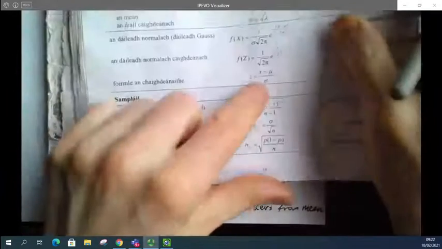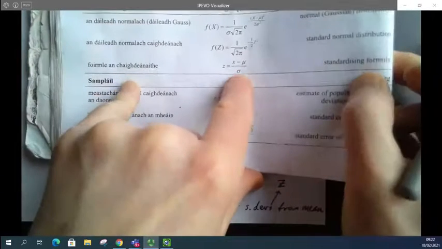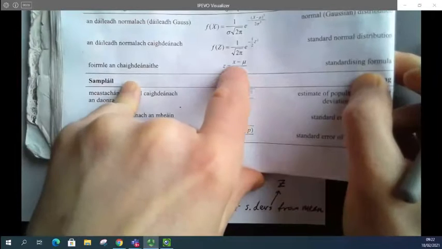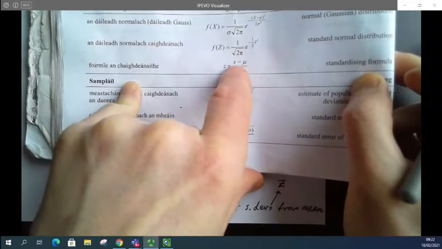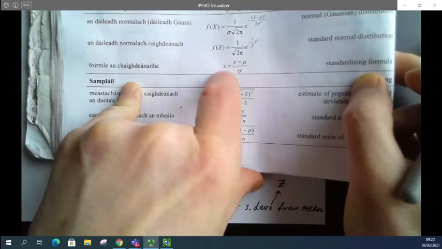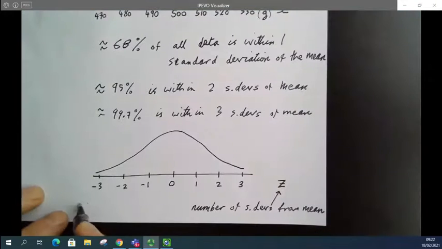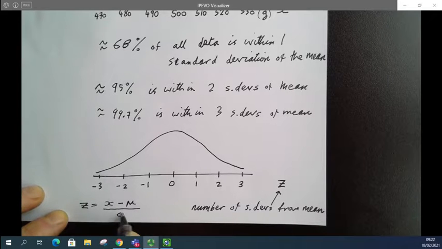The formula is on page 34 of your tables. It's called a standardizing formula. It allows us to convert from x to z. So once you know mu and you know sigma, you can convert from x to z. So it's x minus mu over sigma gives you your z value. So we have that z is equal to x minus mu over sigma.